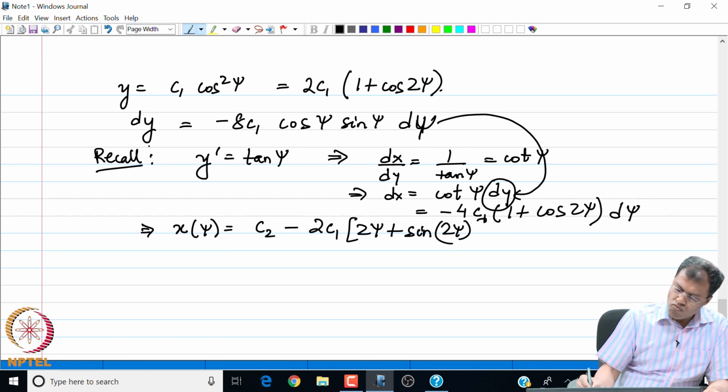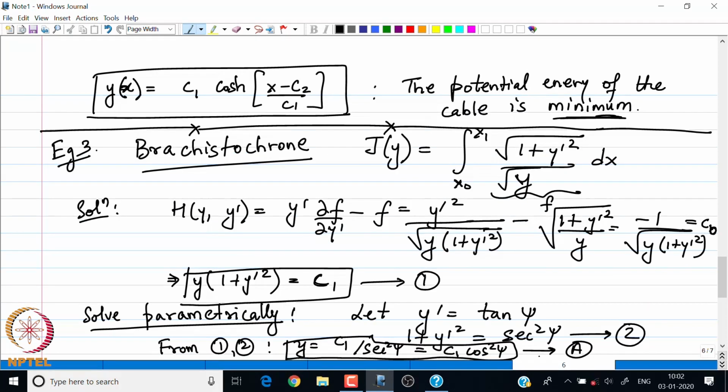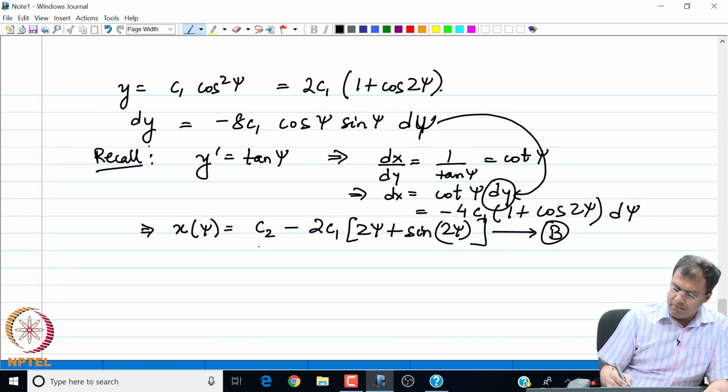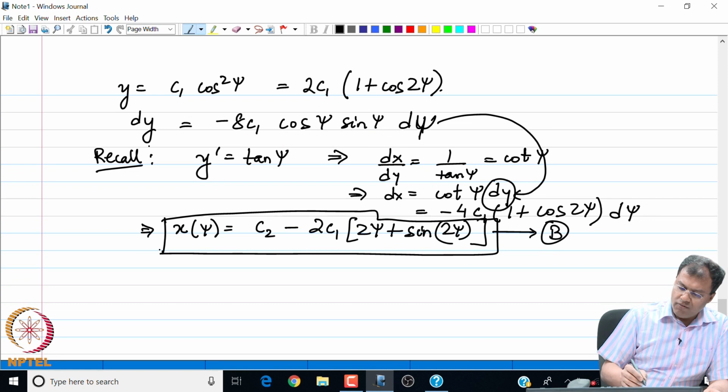Let me call this B. We have named the relation of y with respect to psi as A, and now we have another relation B, which is x as a function of psi. So now we have completely described our extremal x and y in the form of the parameter psi.